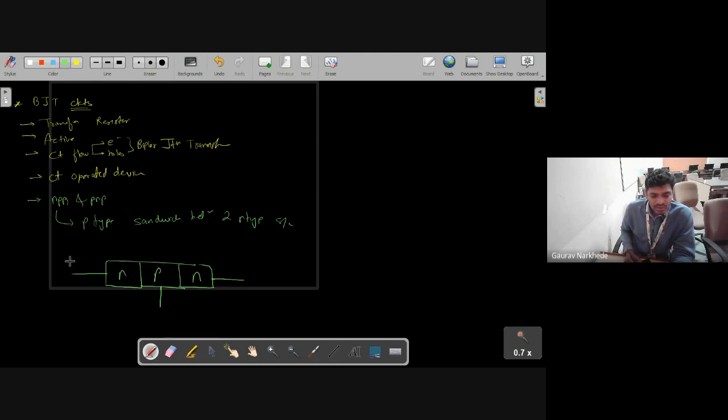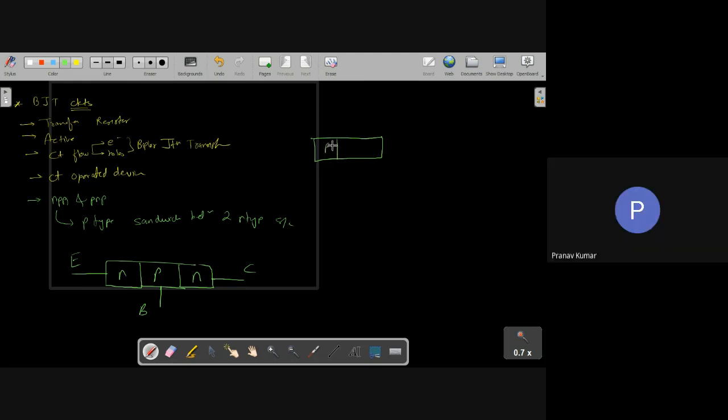This I will call emitter, this base, and this is called collector. So this is the construction of an NPN transistor in short. And how will PNP be? An N type semiconductor sandwiched between two P type semiconductors. So this is E for emitter, B for base, and C for collector.